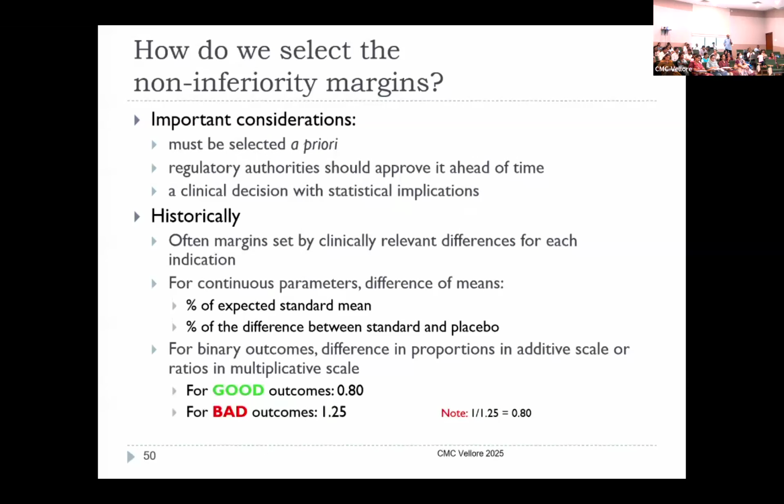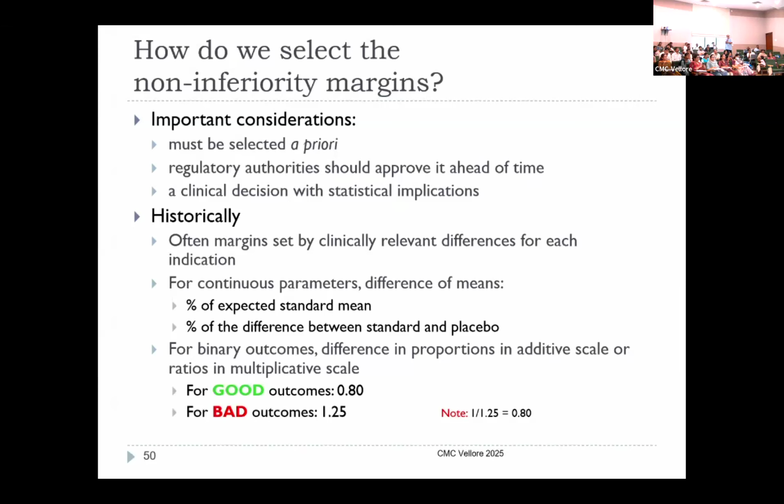So historically, it was done by people, yourself, and you say for a difference of means, you say a percent of the expected mean or percent of the difference. We usually use for binary differences, on an additive scale, or on a multiplicative scale, we use 0.8 and 1.25 for bad outcomes.